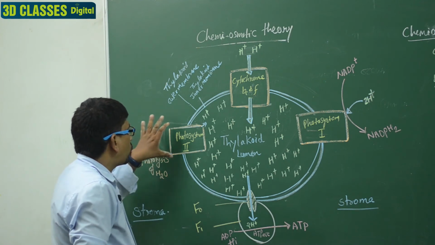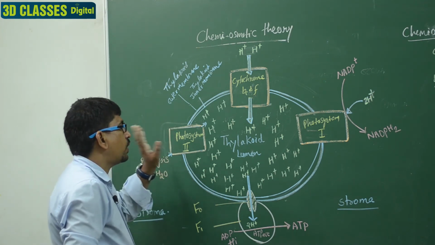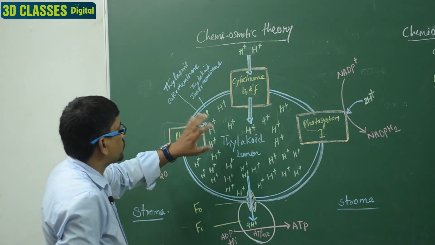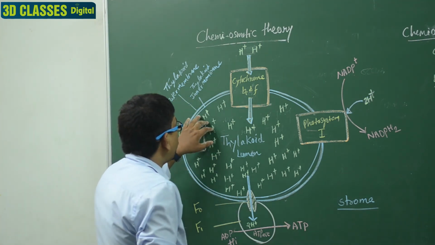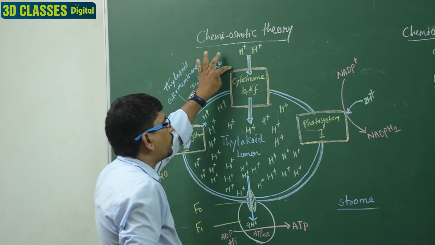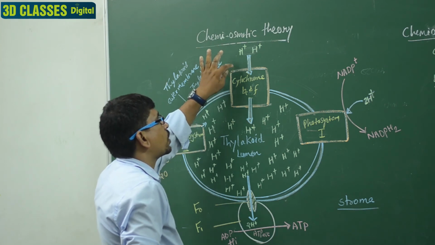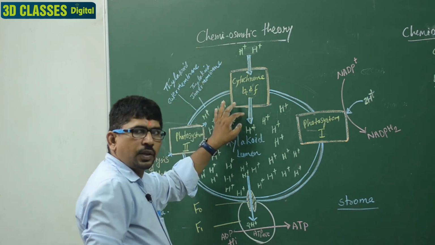So in the photosystem cycle, P680 is responsible for the movement of the electrons and protons, clear. Second one is the PQ, plastoquinone, which moves the electron and the proton to the cytochrome b6, then cytochrome f, and then PC.